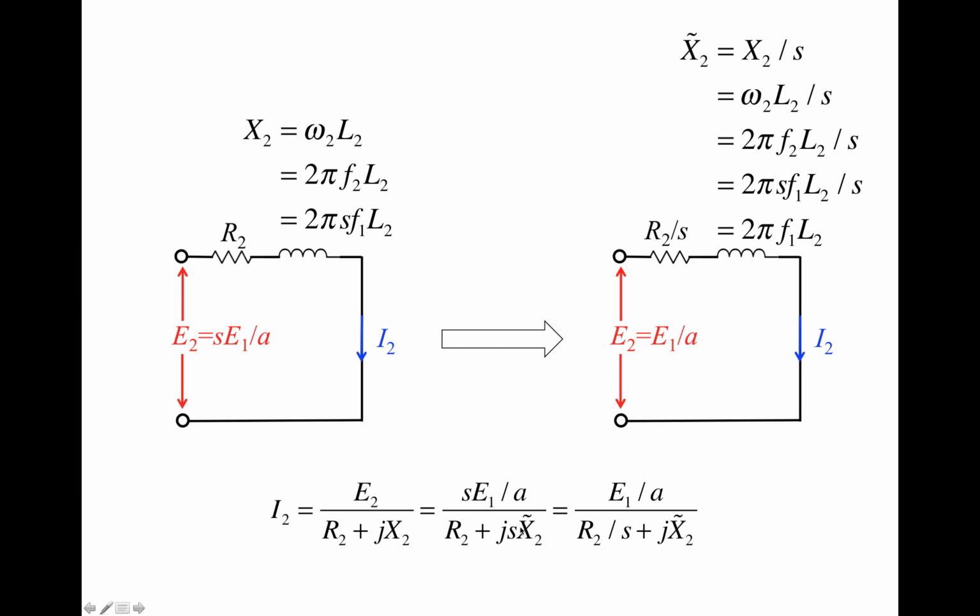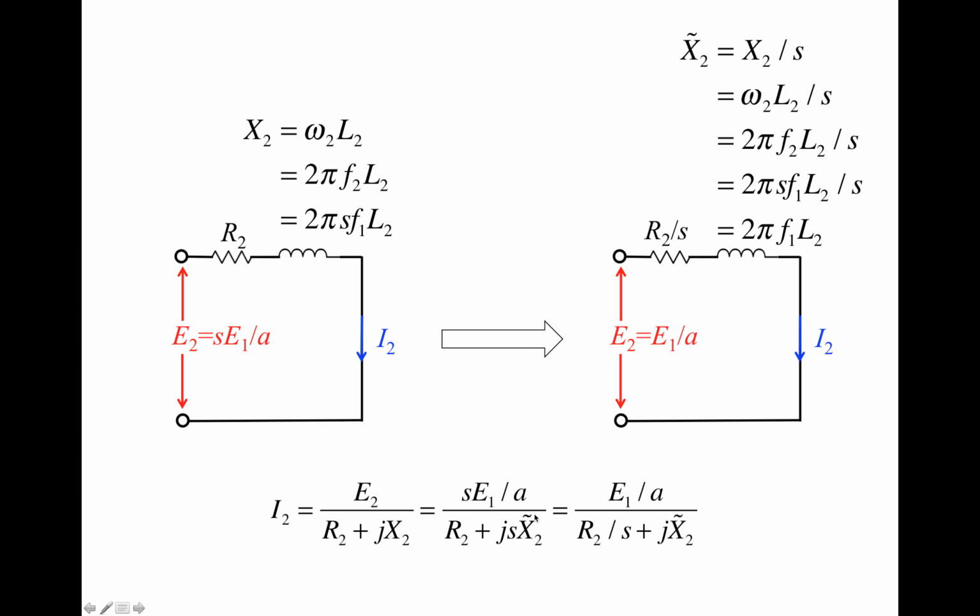So X2 wiggle has a value of X2 divided by S. So suppose we have an inductor with this X2 wiggle reactance, then we can replace X2 with the slip times X2 wiggle.